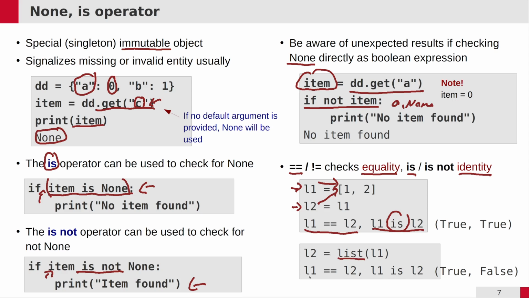They are not pointing to the same object in memory, but are two different objects with the same content. If you check on equality, you would still get that L1 and L2 are equal. But if you check whether they are identical, whether they are the same object, then that's not the same anymore. So is and is not are checking for identity, and equal and unequal are checking for equality.